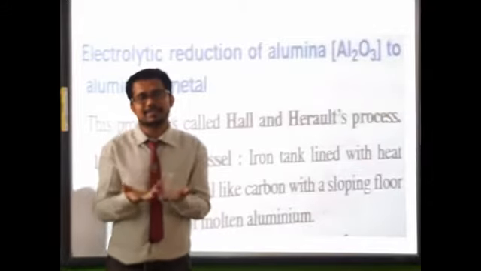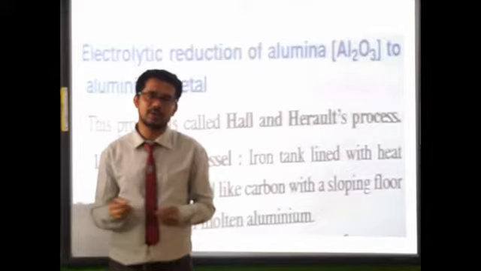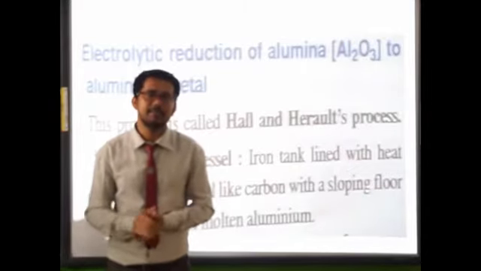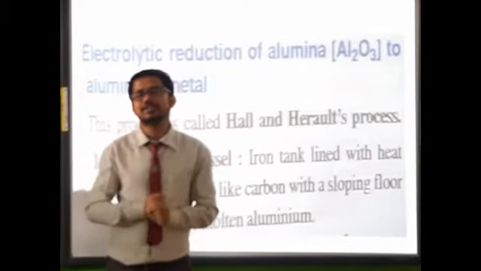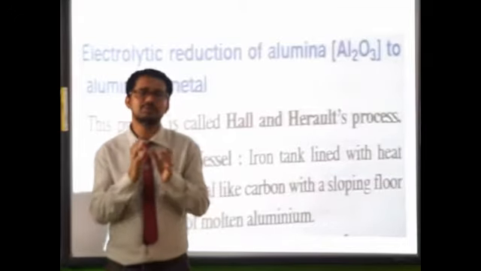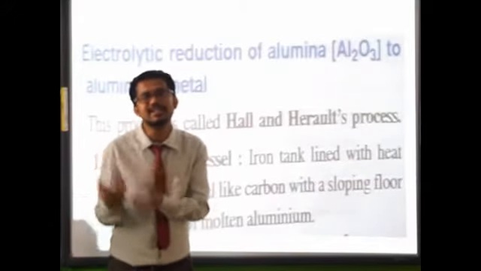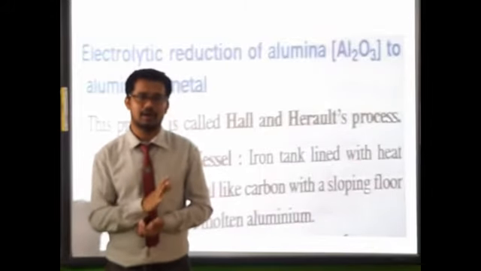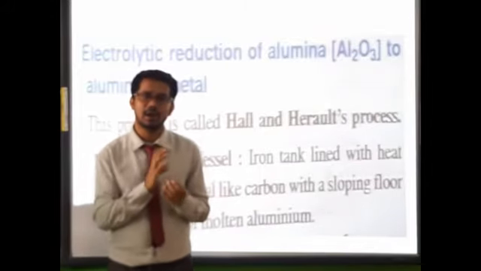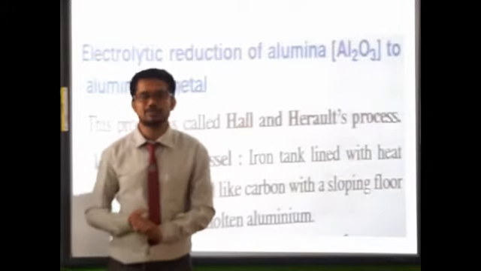So we would have to melt this aluminium oxide up to this temperature. So the use of electrolytic reduction is also not very simple, not very easy for aluminium oxide. That's why the scientist Hall found the solution for this problem.